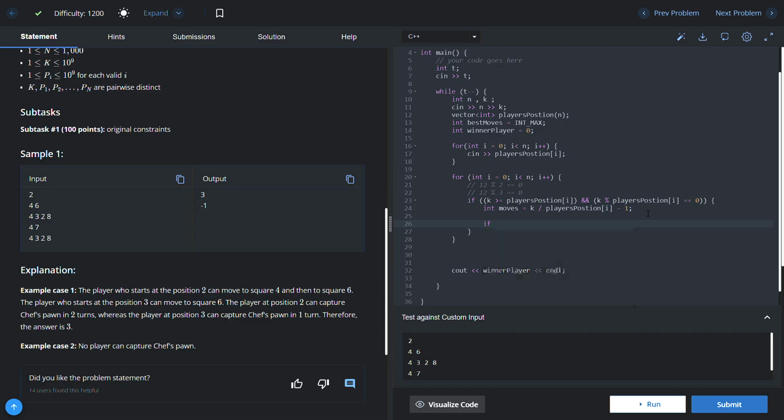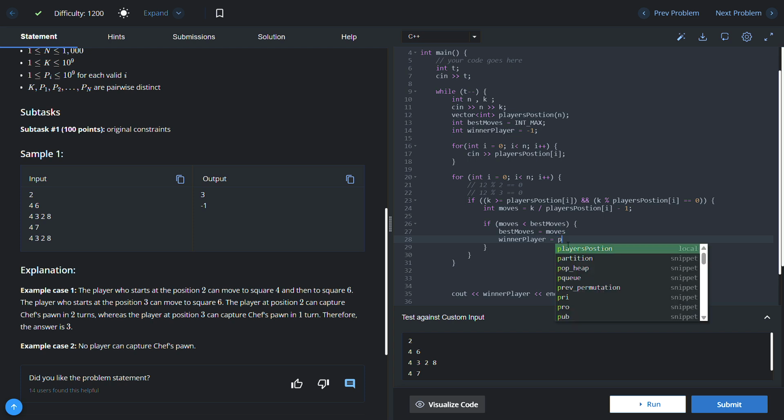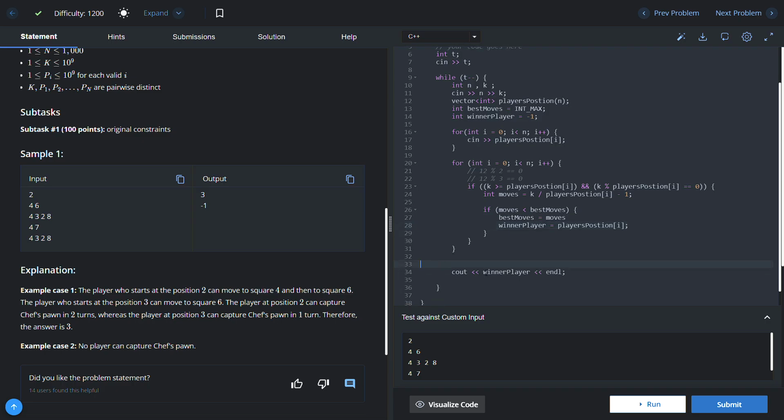And if that moves are lesser than best moves, then update the best moves with the moves, and winner player will be that is minus 1, and winner player will be player position at I, right?